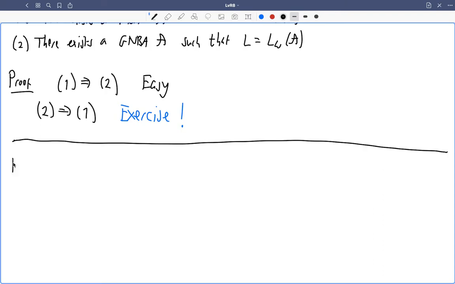What we're going to do is make a definition.